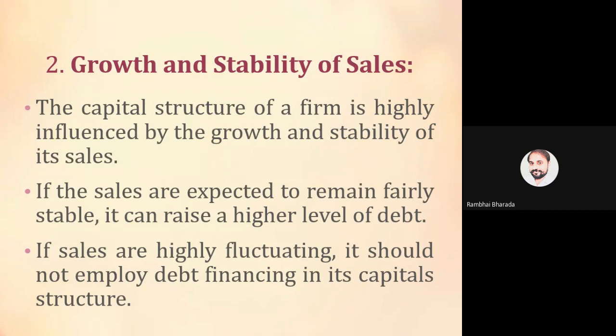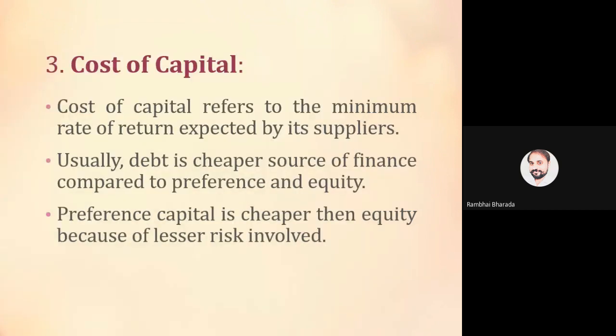The bank will come to you directly, whether you have profit or loss, you need to pay the interest. So in that case, equity is more suitable for the company. Are we clear? When there is growth and stability in sales, the company uses debt, and when there is fluctuation, up and down in sales, the company goes for equity.